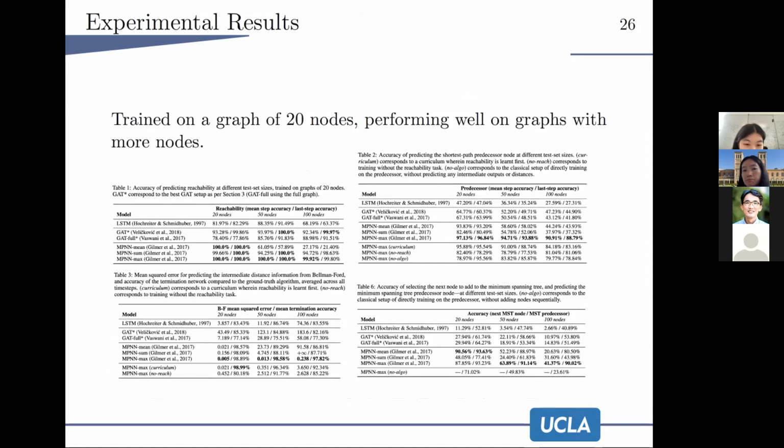By learning on the given supervised data set, they end up having a graph neural network that could execute the traditional algorithm on graph.